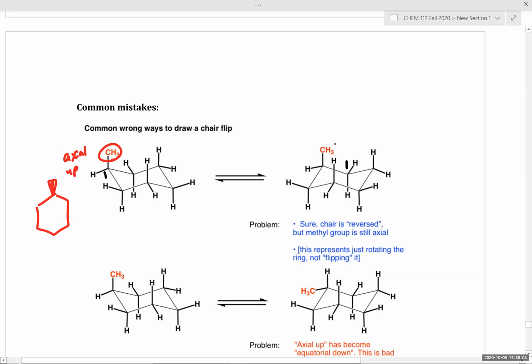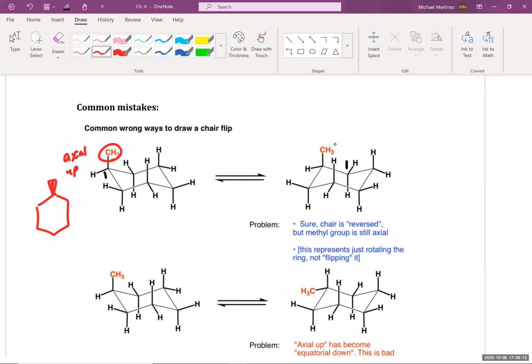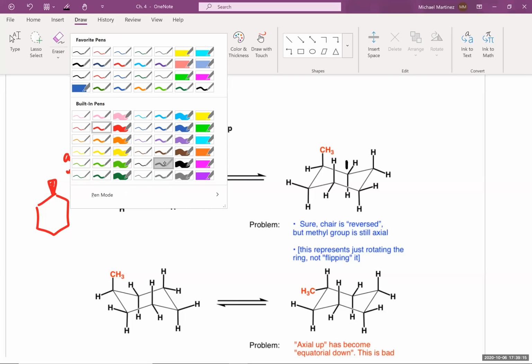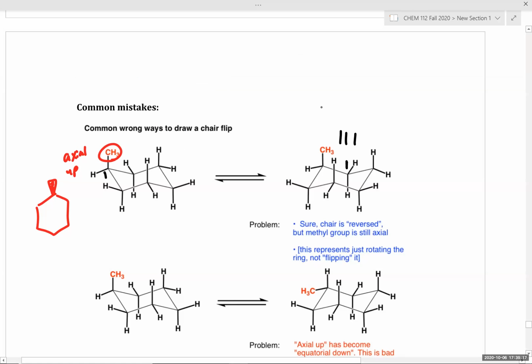Well, in this case, after a ring flip, this structure is representing the following conformation. And this really helps you see where the problem is.